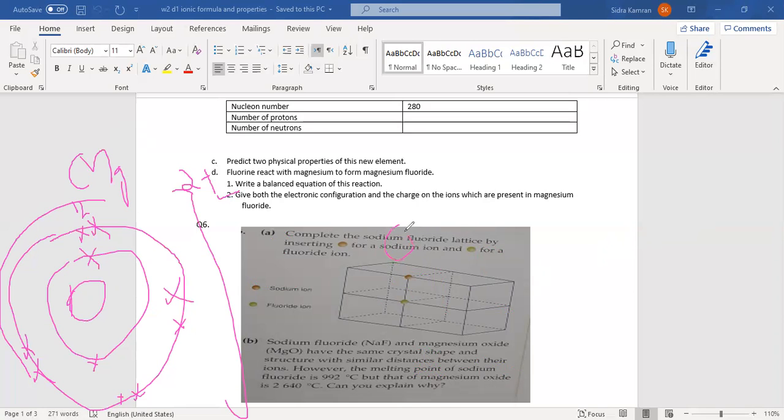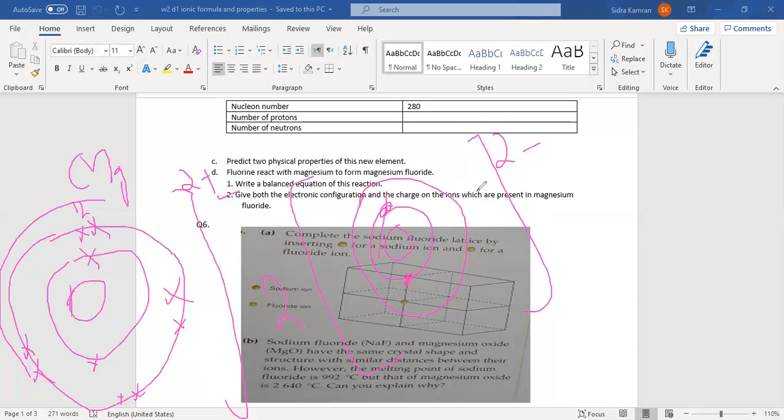Next we have to write for fluorine. Fluorine has atomic number 9. So the first shell has 2 electrons and the second shell has 7 electrons. When it takes 1 electron from this magnesium, each fluorine atom will take 1 electron. There are 2 fluorine atoms, so each fluorine atom takes 1 electron and becomes a fluoride ion. So 2 fluoride ions will be formed.